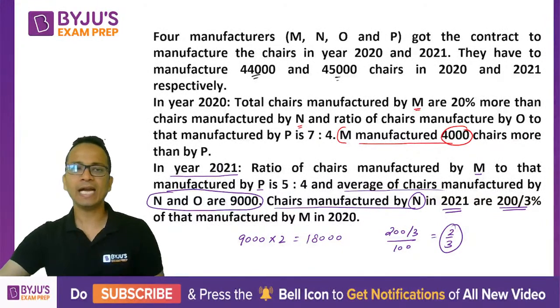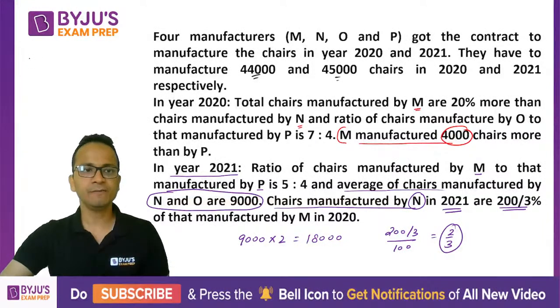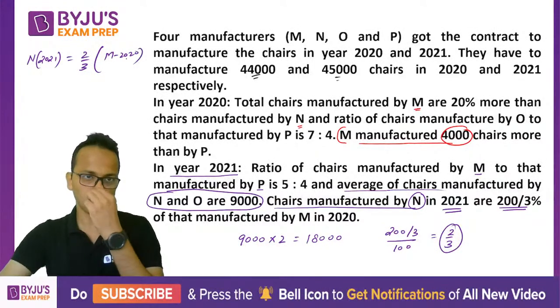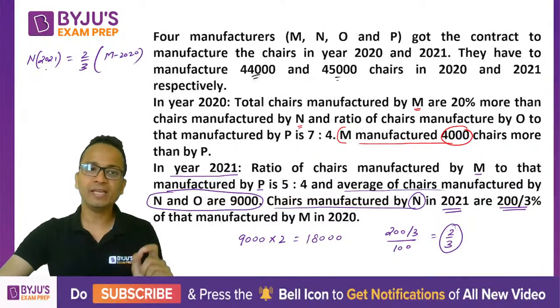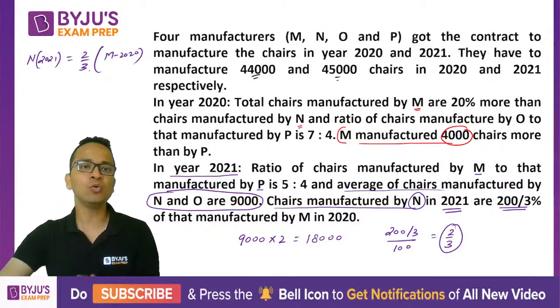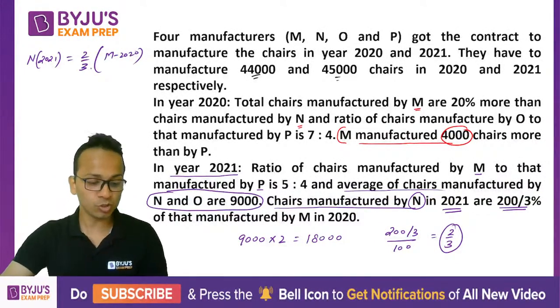So they are saying that, look at the left side, N in 2021 is 2/3 of M in 2020. Okay, so the value of N in 2021 is 2/3 of the value of M in 2020.